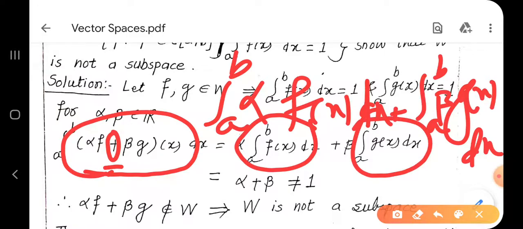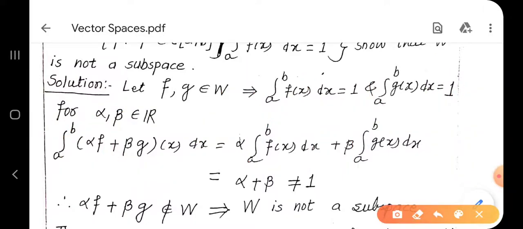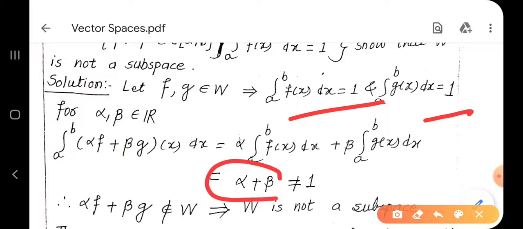Will you tell me the value of the integral of f(x) dx and of g(x) dx? It is 1, 1. Yes, these values are 1. Therefore α·1 + β·1. Correct? So I get α + β, but I must have 1. α + β is not equal to 1.